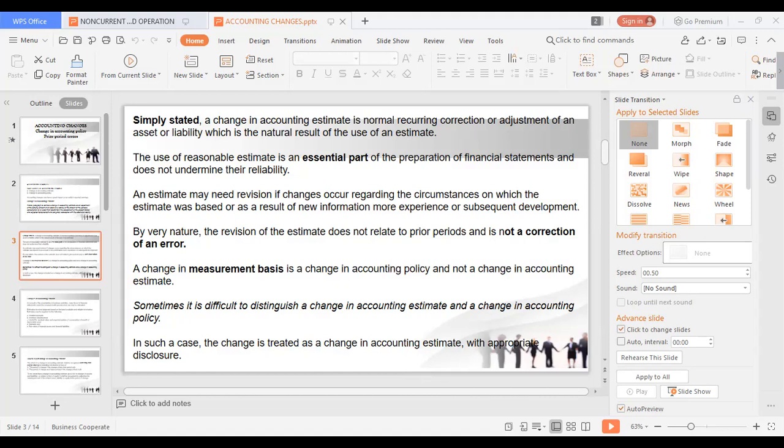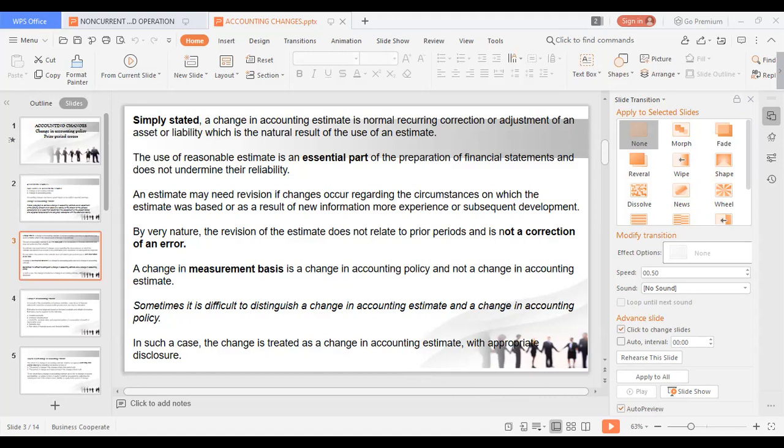Then we have now problem 9-15. In the December 31, 2020 financial statements, what amount should be reported as prior period error? So we have the machine incorrectly expensed of 2.1 million, the unrecorded depreciation for 2017, 18, and 19.